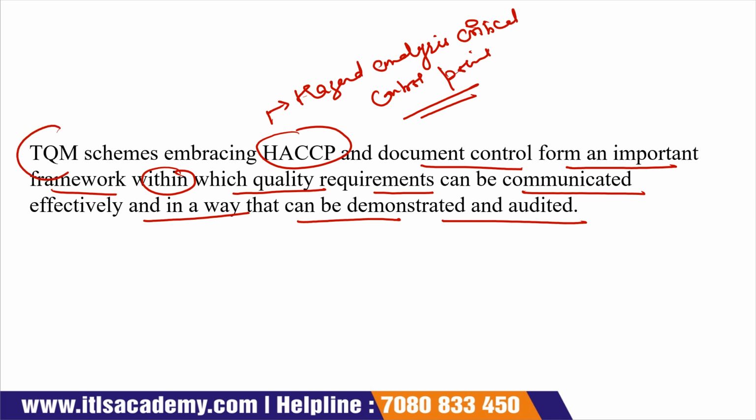This TQM scheme also embeds the HACCP and also controls the various documents, which is essential for the framework of the company, and also ensures that the quality requirements of that particular industry are communicated in a way that can be demonstrated at each level and used during the audit.